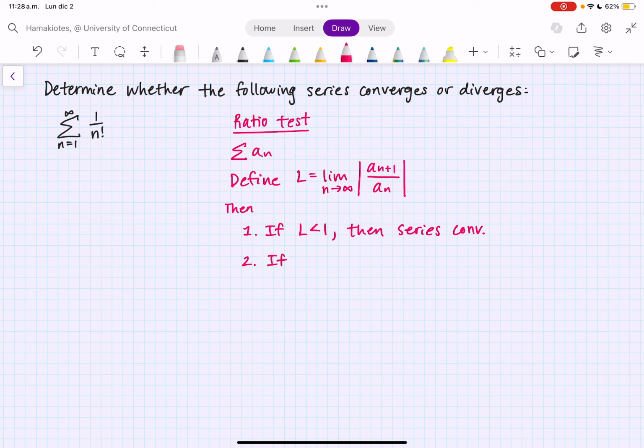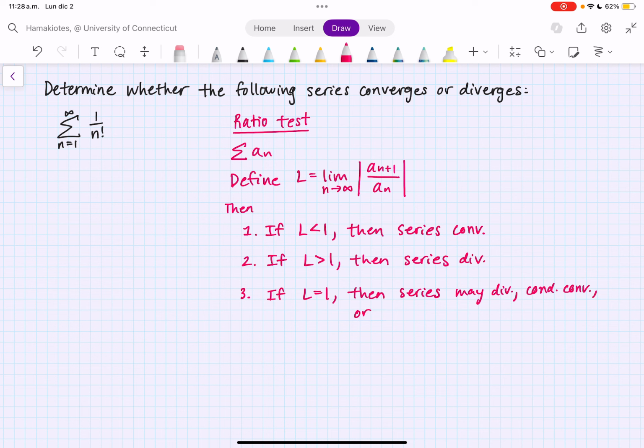If L is greater than 1, then the series diverges. And lastly, if L equals 1, then the series may diverge or be conditionally convergent or absolutely convergent.